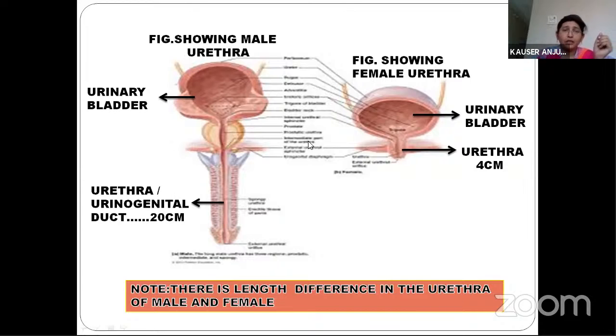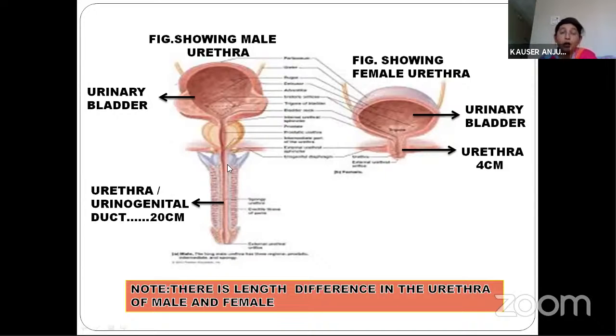By seeing just the figure, you can confirm that the length of the urethra in males is so long and in females is so short. So why is there a difference?